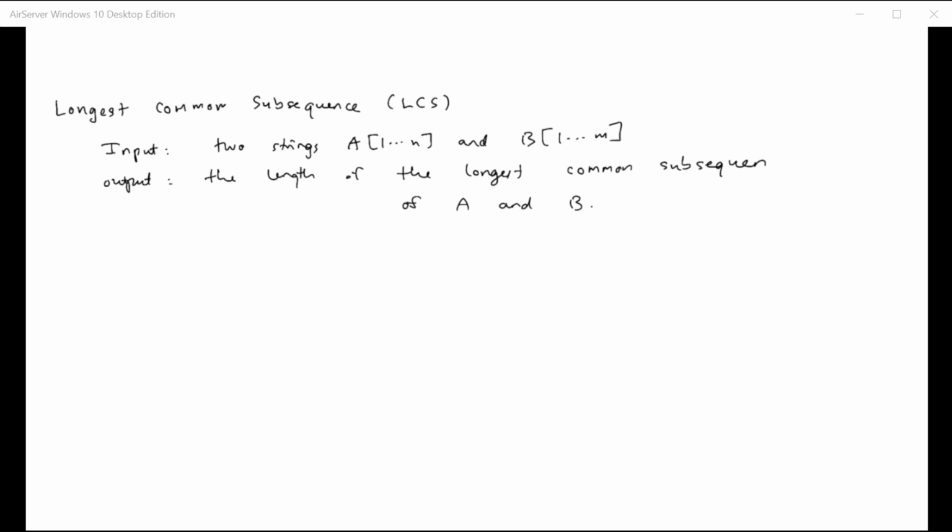Okay. So similar to the edit distance, the length of the longest common subsequence can also be used as a measure of how similar two strings are. So for example, let's say we have two strings.